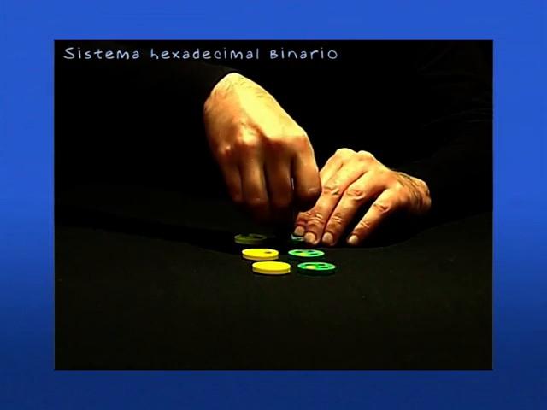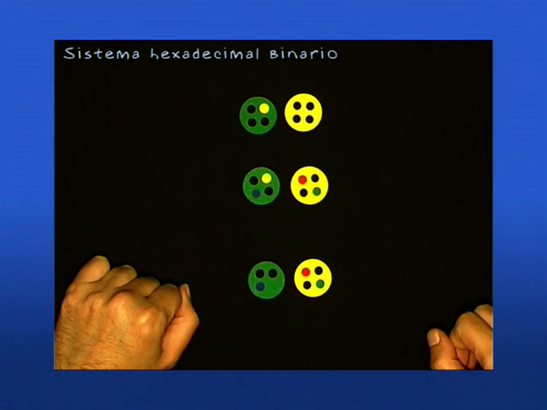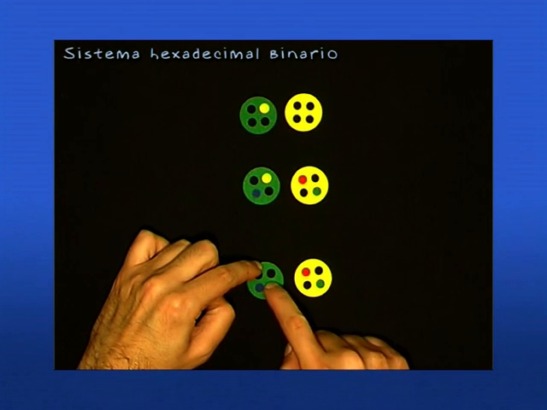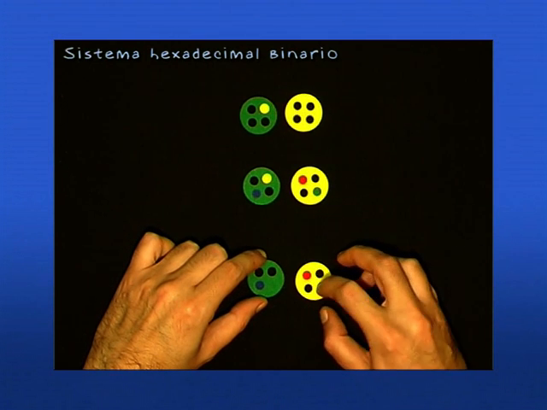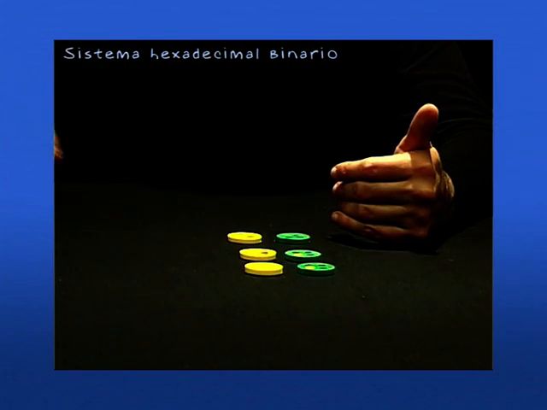And this is the final result. If we see it now, we find 6 times 16 plus 8 equals 104. This logic game is to understand how the computer works.